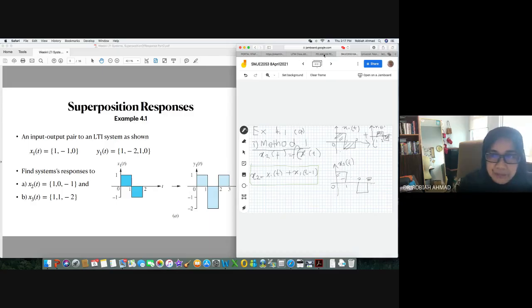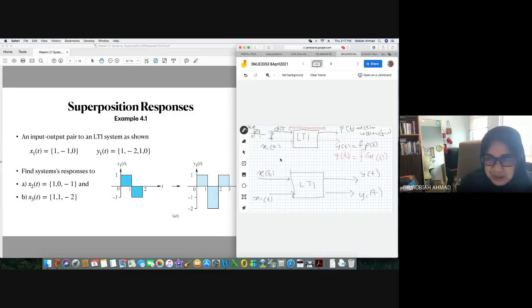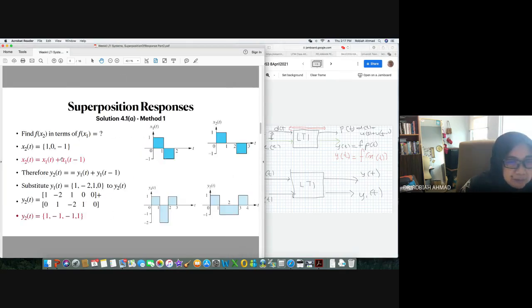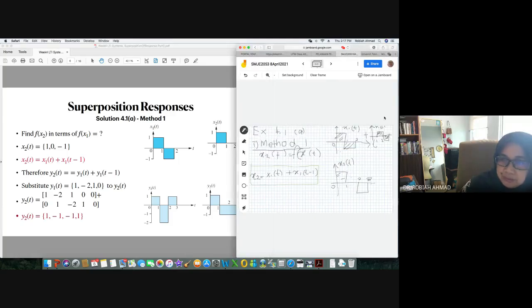So the first method is that we want to find x2 as a function of x1(t), like with the impulse. We get it here: x2 equals x1(t) plus x1(t minus 1). If you look at the Jamboard, that is how I got this: I add x1(t) plus x1(t minus 1).